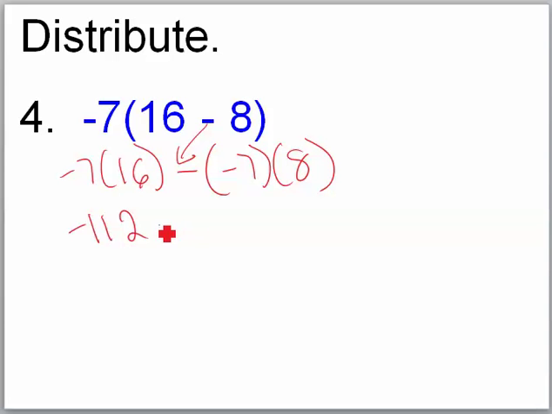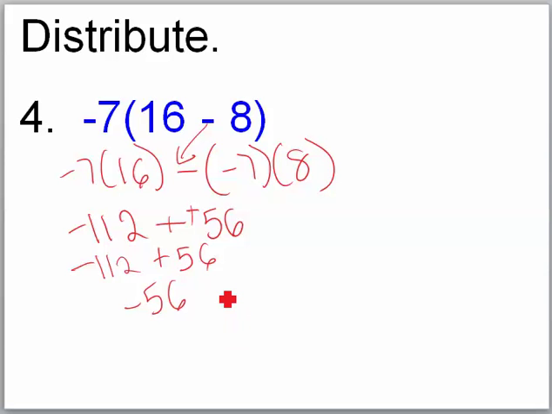Minus negative 7 times negative 8, 56. Now it'd be negative 56. So I have a negative 112 plus 56. So we're going to get a negative 56.